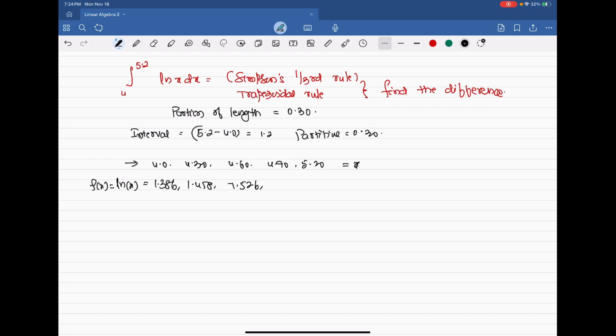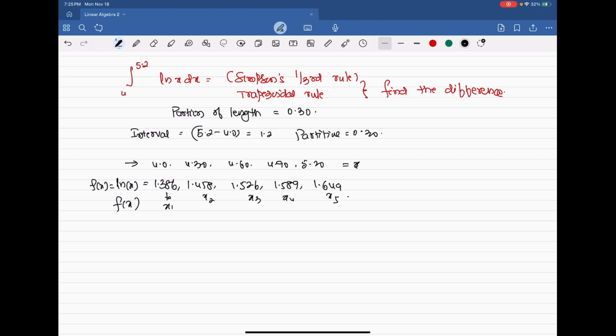What is the value of ln 4.9? 1.589. What is the value of ln 5.2? 1.649. Now we have got the function values for different x values. This is x1, this is x2, this is x3, this is x4, this is x5, and these are the function values. Call them by any name, no problem.